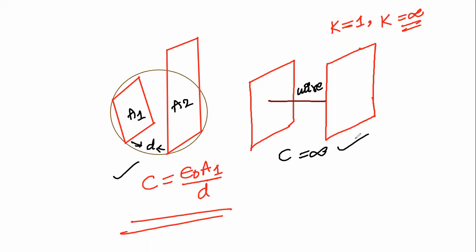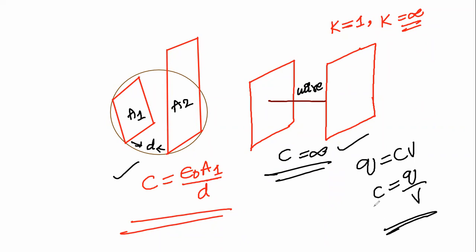So the potential will be zero. If potential is zero, capacitance will be infinite, because Q is equal to CV, then C is equal to Q divided by V. Something divided by zero is infinite. That's why the capacitance of this capacitor will be infinite.